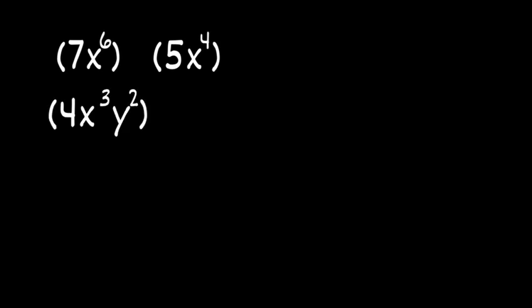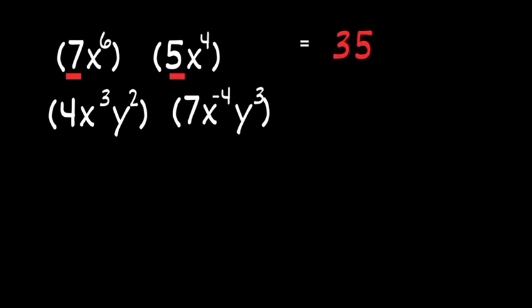So try this example. 7x to the 6th times 5x to the 4th, and also 4x cubed y squared times 7x to the negative 4th y to the 3rd. So in the first example, we need to multiply 7 by 5. 7 times 5 is 35, and then we multiply x to the 6th times x to the 4th. 6 plus 4 is 10, so it's 35x to the 10th.